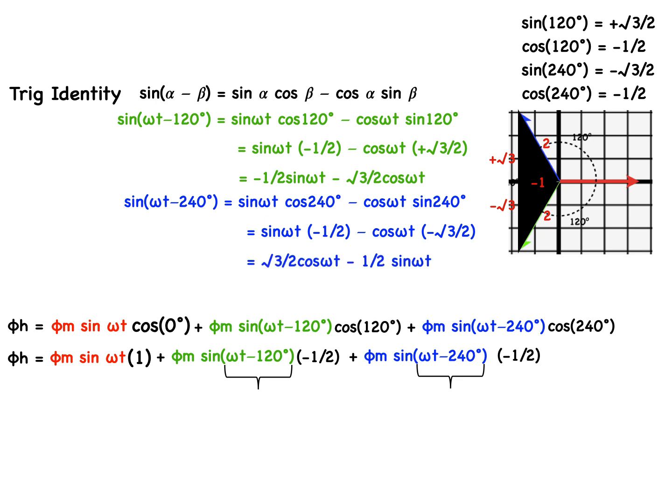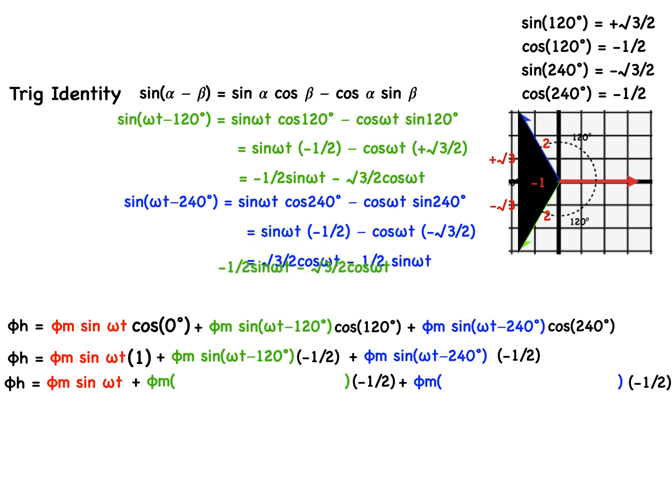And rewriting it again, it could be equal to root 3 over 2 cos omega t minus 1/2 sine omega t. I can now substitute these values for sine omega t minus 120 and sine omega t minus 240 and come up with this long equation.